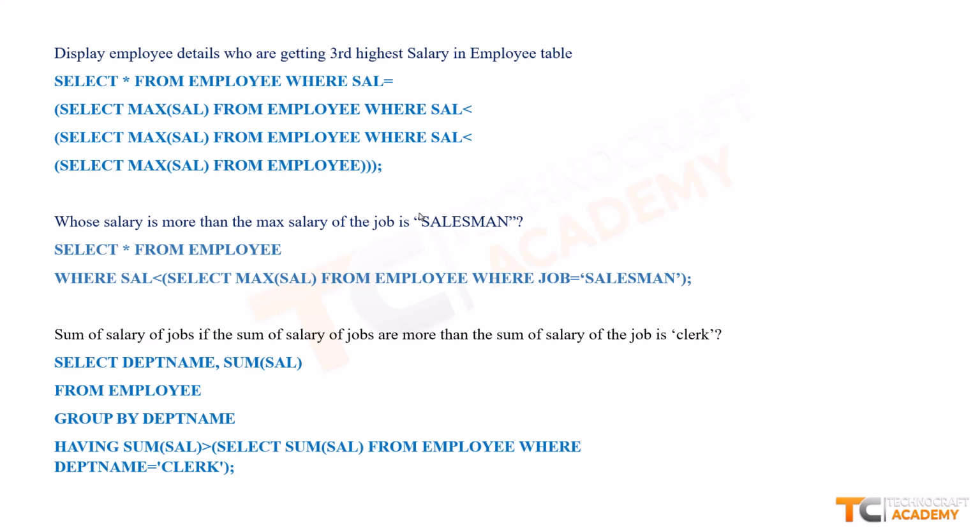So we need to calculate the maximum salary of those who have the job as salesman. If you check the query, first we'll check what the subquery says. We need the maximum salary of those having the job as salesman. So we need to use this as a condition to get all the employees who have a salary greater than that of job ID salesman.